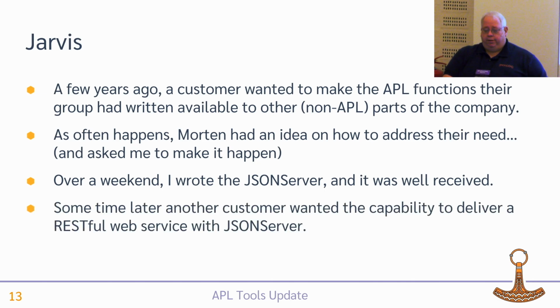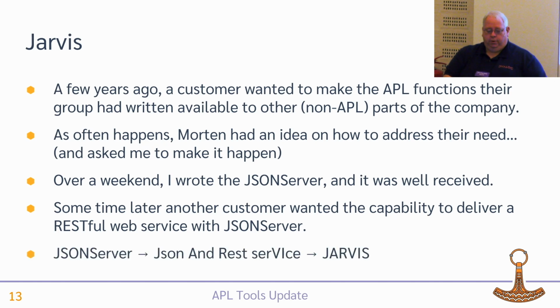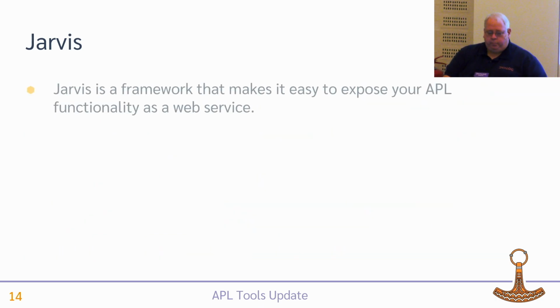Then sometime later, another customer wanted a capability to deliver a RESTful web service using JSON server. So I could no longer call it JSON server because it was not just JSON. So JSON server became JSON and REST service, or Jarvis. It's a framework that makes it easy to expose your APL functionality as a web service.